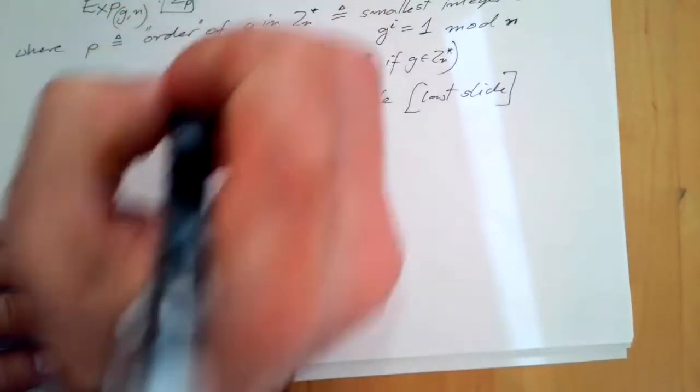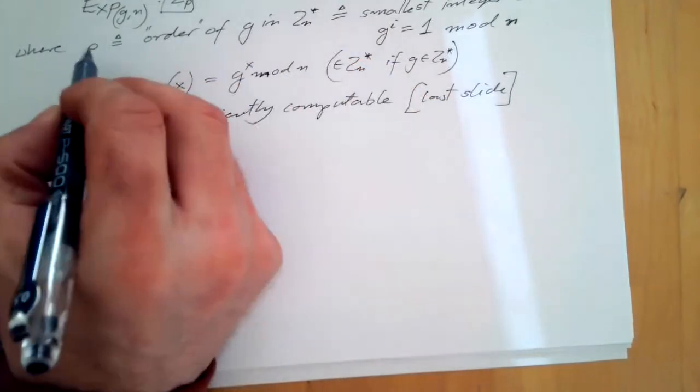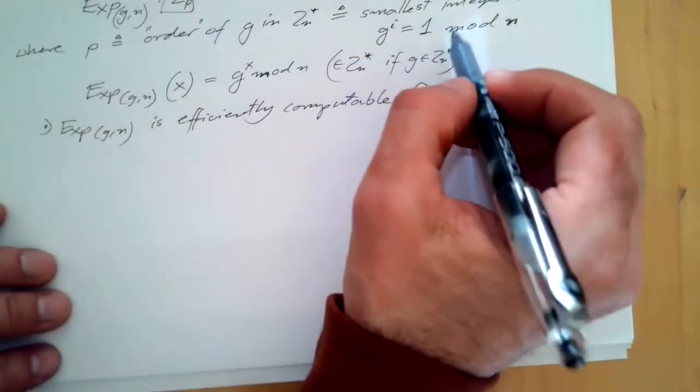Why am I restricting the inputs to Z_p, where p is the order of g?